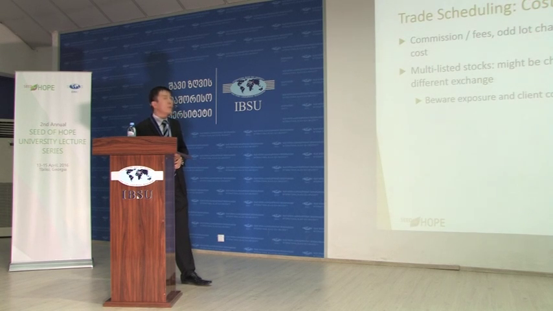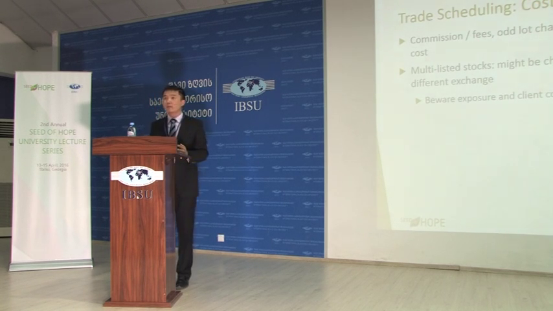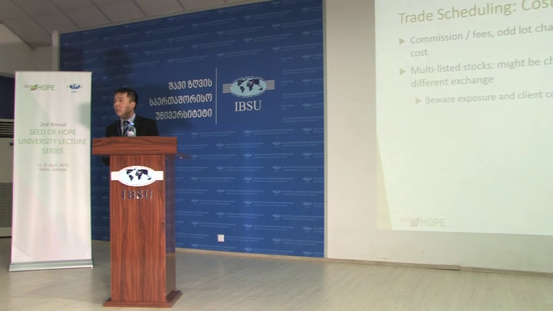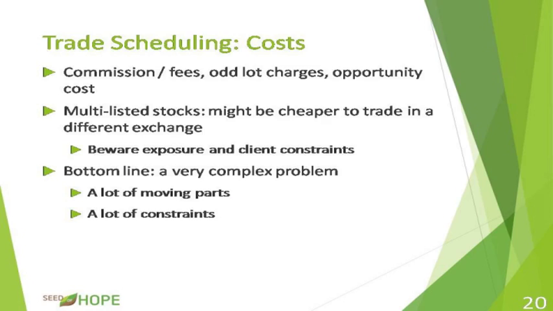Multi-listed stocks. A lot of oil companies that I know are listed in New York and Amsterdam, Frankfurt, and London, for example. Maybe we want to choose the cheapest one to trade in. However, if you're not careful with your exposure level, then maybe you're overexposed to that European market, right?